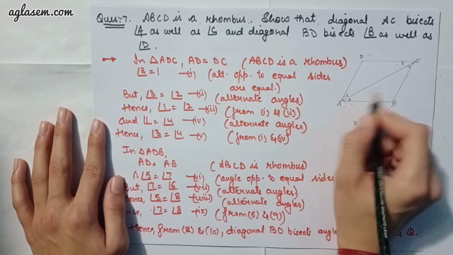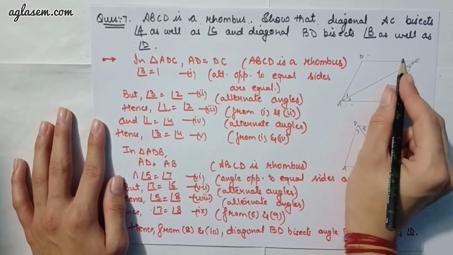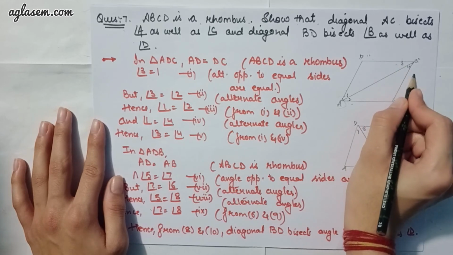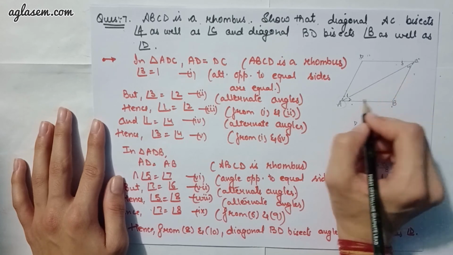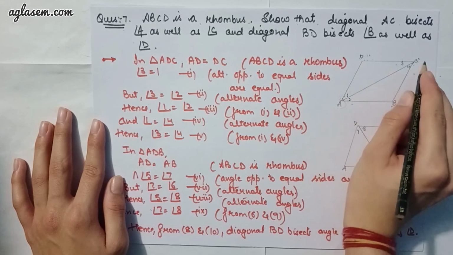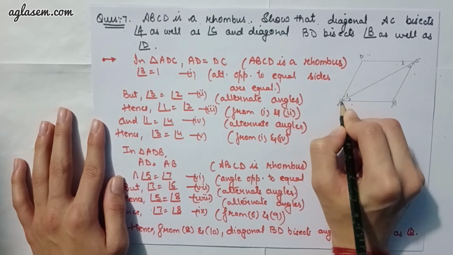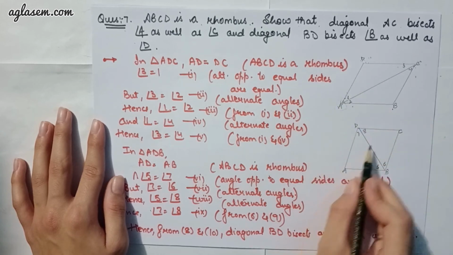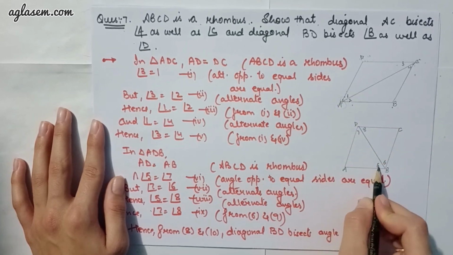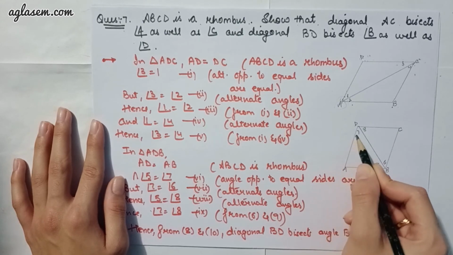So, angle 1 is equal to angle 4, again by alternate angles. So, angle 3 is equal to angle 4, that is third and fourth equation. So, in triangle ADB, AD is equal to AB, that is, ABCD is a rhombus. So, therefore, angle 5 is equal to angle 7, that is, angles opposite to equal sides are equal.